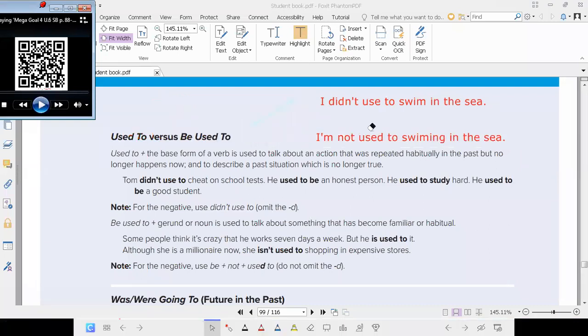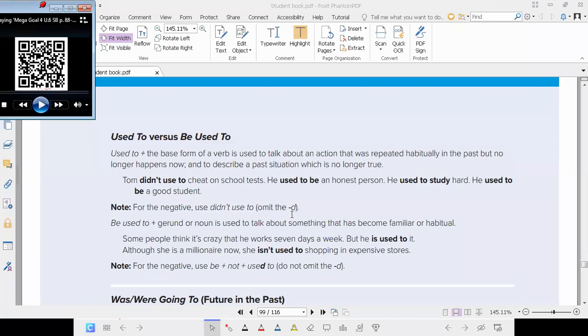And now let's go again to page 93. هنا زي ما احنا شايفين هنلاقي هو بيقول used to versus be used to. Used to plus base form of a verb is used to talk about an action that was repeated habitually in the past but no longer happens now, and to describe the past situation which is no longer true. يعني بتتكلم عن شيء كنت متعود ان انت تفعله في الماضي بتكرار ولكن لم يعد يحدث الآن. او ان انت توصف بيها موقف في الماضي لم يعد حقيقي الآن.